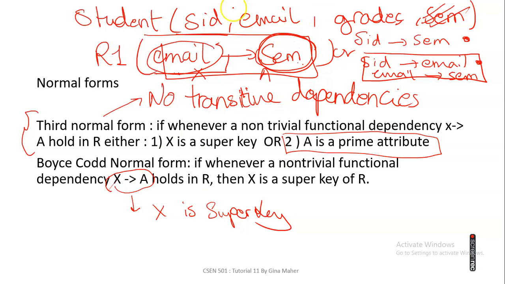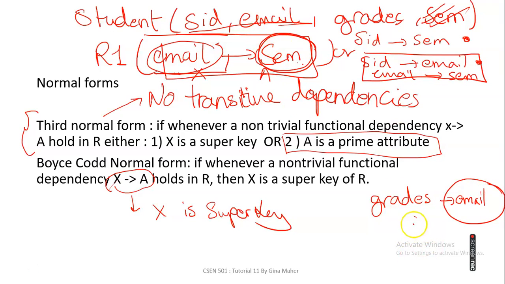Assume that here both are a primary key. Okay? And we have a relation that grades, for example, implies email. This relation will be in the third normal form because email is a prime attribute because it's a part of the primary key.